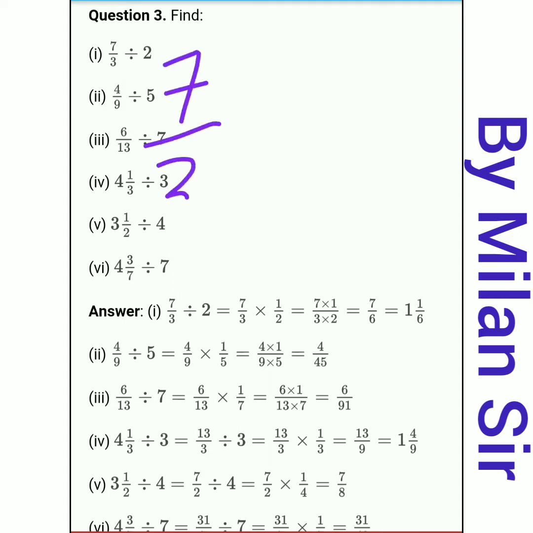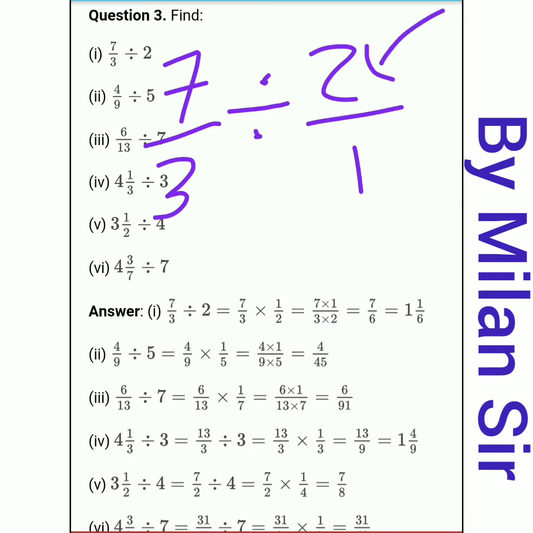7 by 3 divided by 2. Now what we need to do: our first number remains as it is, division becomes multiply, and for the second number we need to take the reciprocal, right? Here nothing is present, so we can write 1.